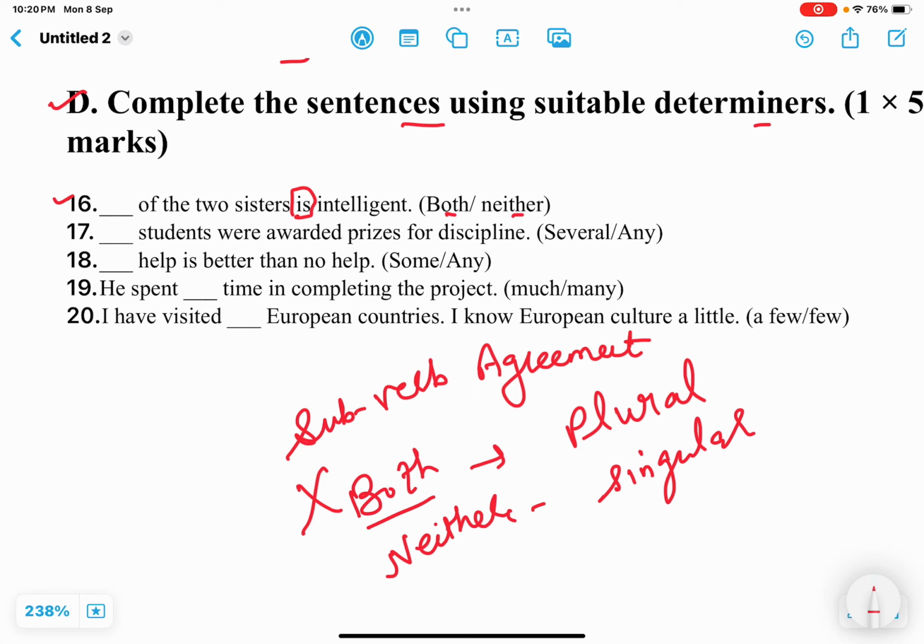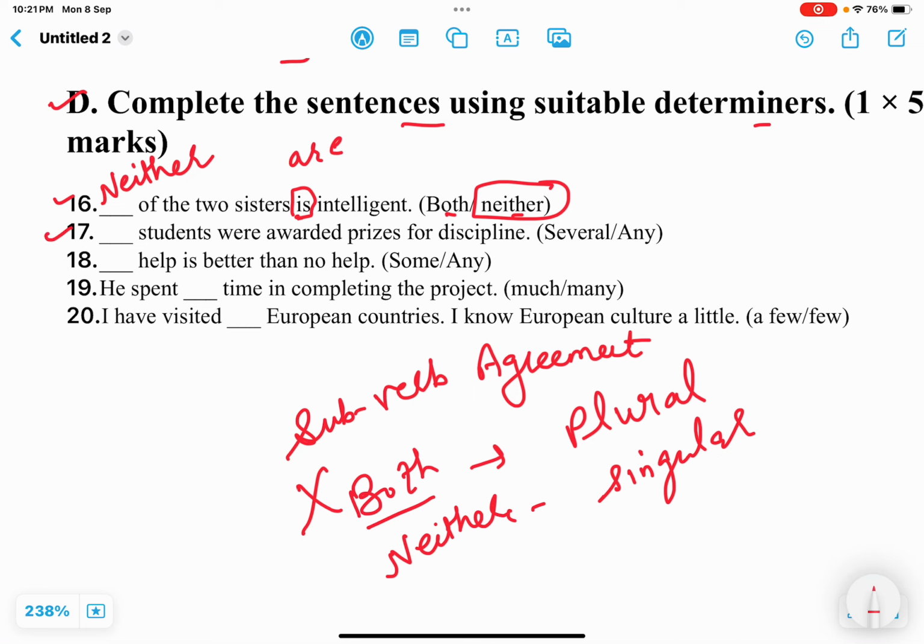Both of the two sisters, if are is there, then both is correct, but here the subject is to be counted as singular. So the correct answer is neither. Neither of the two sisters is intelligent, not both. This is a very important point to learn in English grammar. If we use both, then the verb should be plural, but here the verb is singular, so that's why neither is the correct answer.